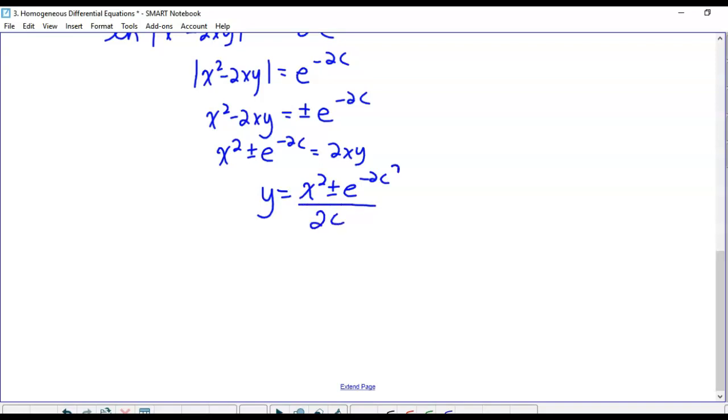Okay, and then if you want to show this as a constant, where the constant is any real number, then you would have x squared plus, oops, that shouldn't be c there. That should be 2x.